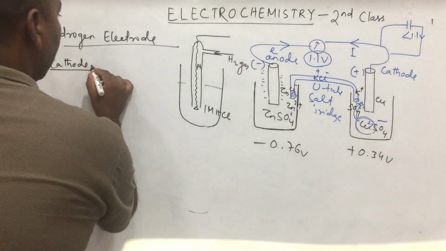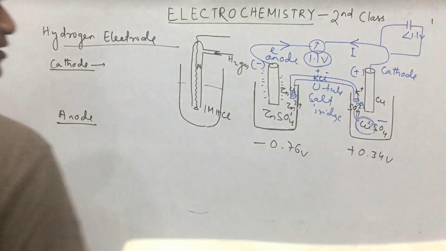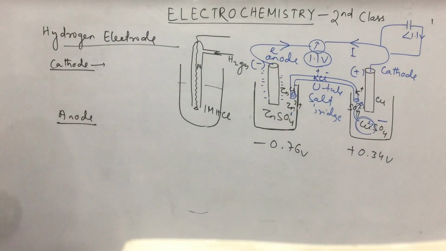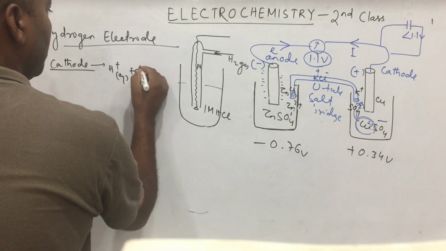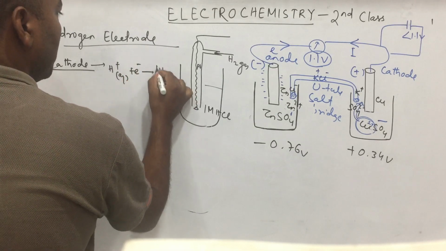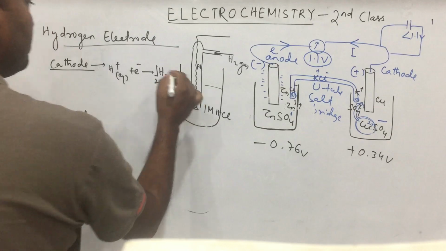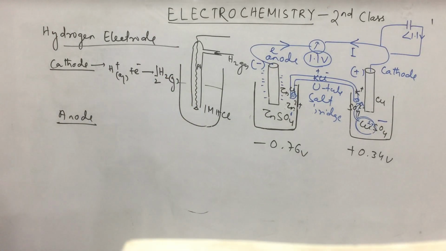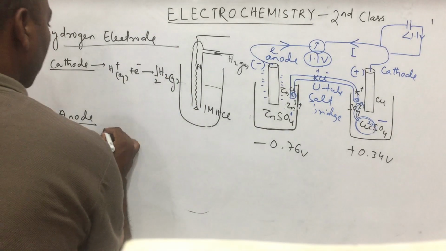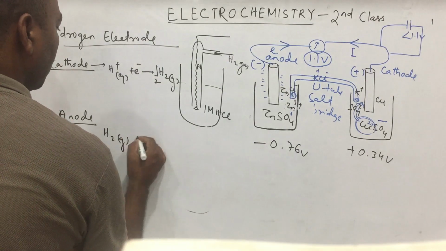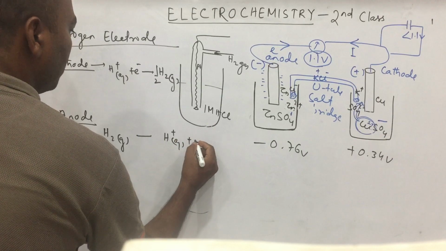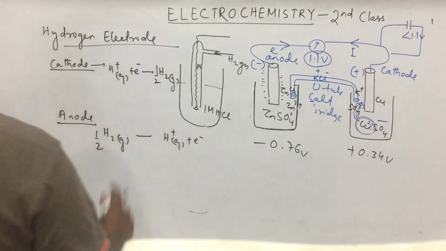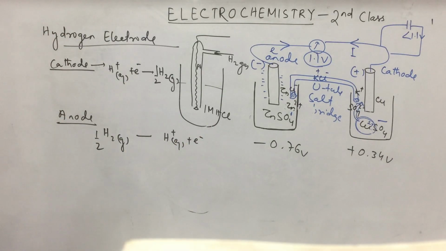At the cathode, H plus aqueous plus e gives half H2 gas. When it is anode, H2 gas gives H plus aqueous plus e, half like this. So this is cathode and this is anode.